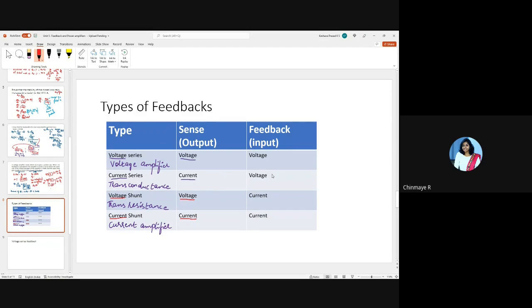If we sense output voltage and feed it back in the form of current at the input, that is called voltage shunt feedback. If the output is current and you feed it back as current at the input, that is called current shunt feedback.